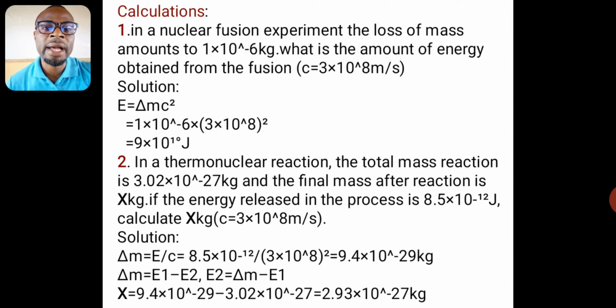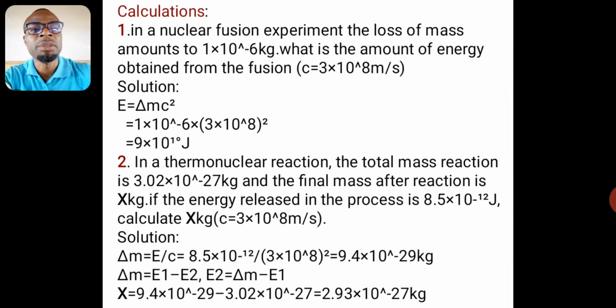Now if you look at that question, the solution to that question, we are using the formula E is equal to delta m c squared. If we substitute that, we have the amount of energy obtained to be equals to the difference in mass, which is 1 times 10 raised to power minus 6, multiplied by the speed of light 3 times 10 raised to power 8 meters per second, and it is squared.